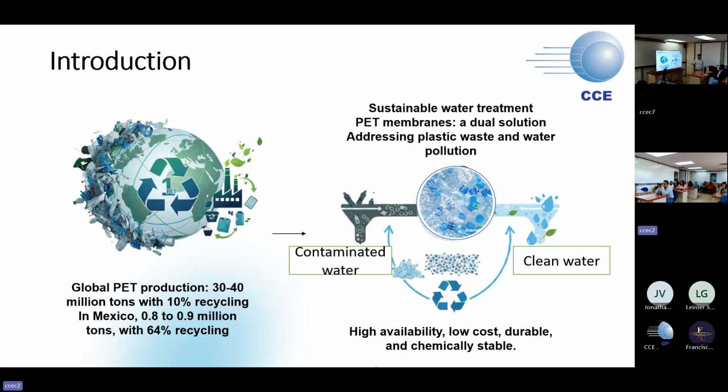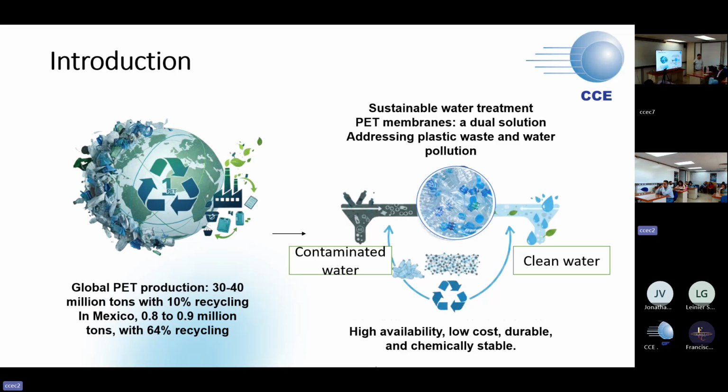In the case of Mexico, we produce close to 1 million tons, but we have a very high percentage of recycling, close to 74%. Actually, in Mexico we have some factories in Monterrey, for example. They use the bottles to produce new bottles, or we can even produce textiles like shirts or things like that.